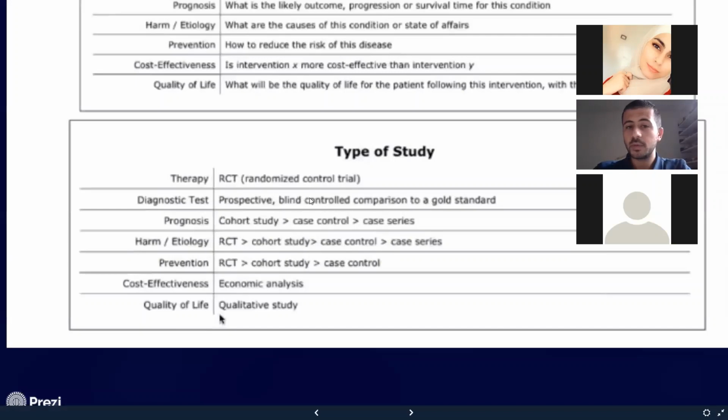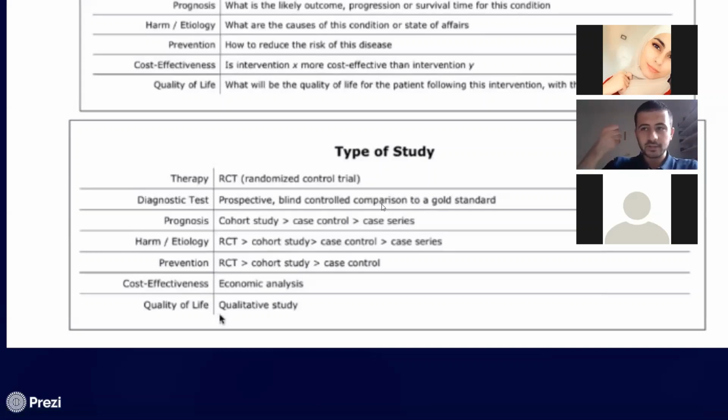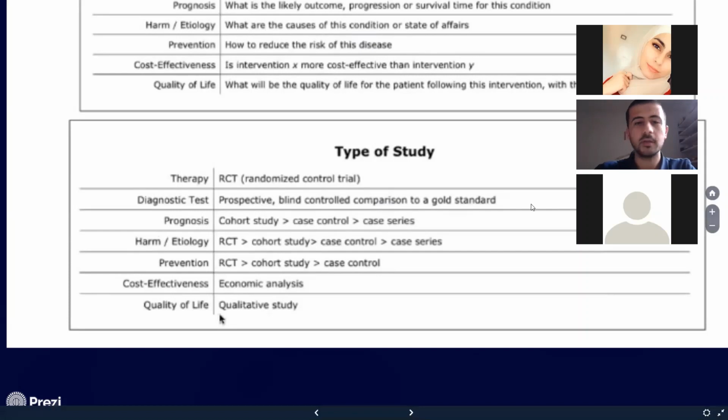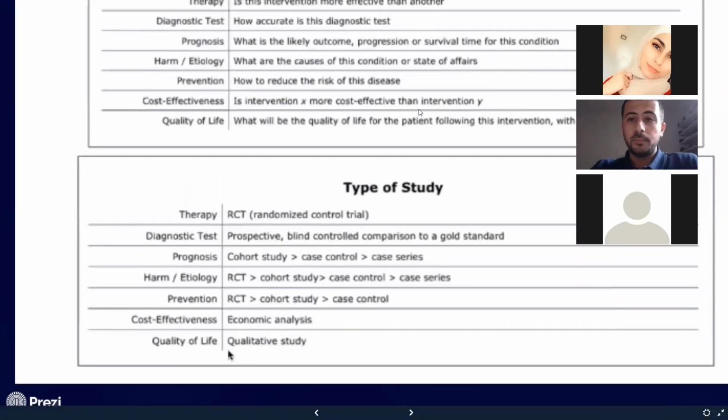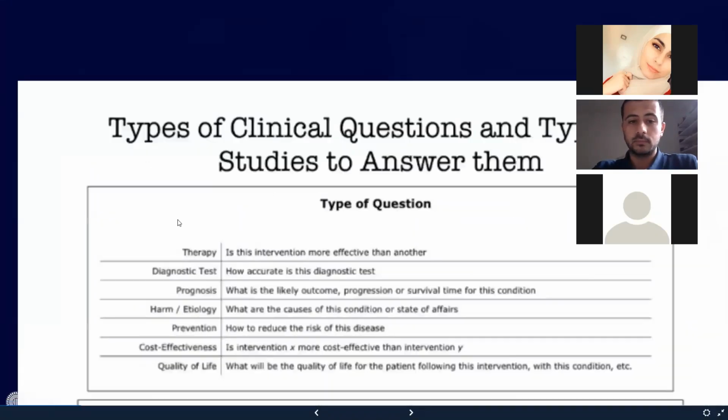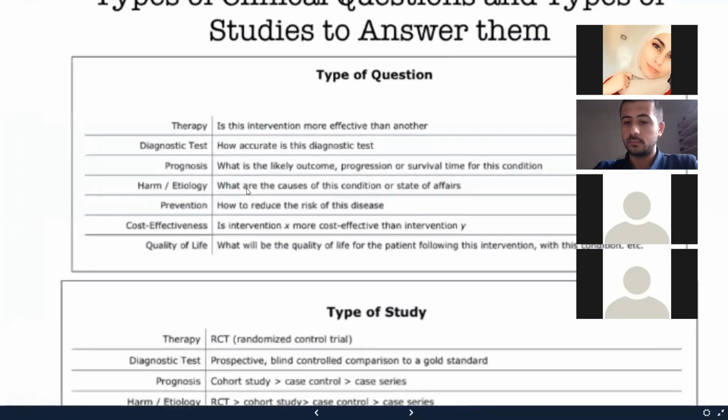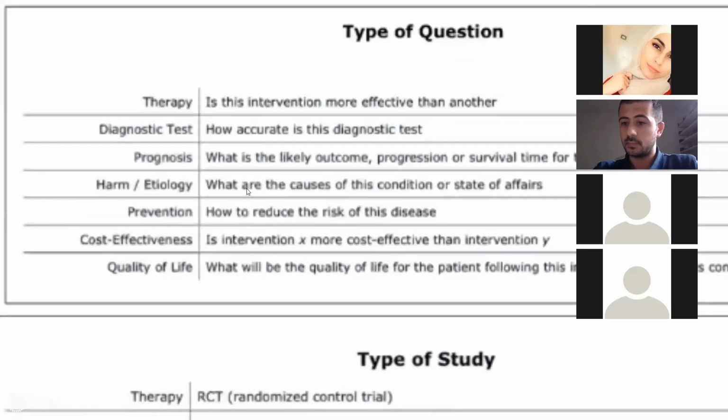You said, prospective blinded control comparison of the gold standard. Okay. A blinded and controlled, so it is exactly the RCT. Okay, but we can say an RCT because the T means a trial, so intervening, but without the T, it looks like this. Prospective. Okay. So for the diagnostic test, you said which type of studies?